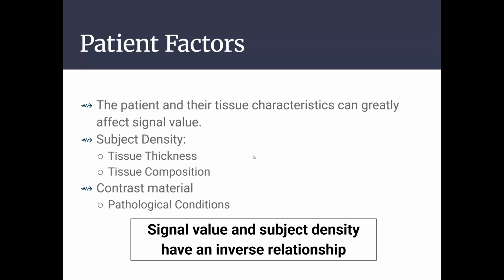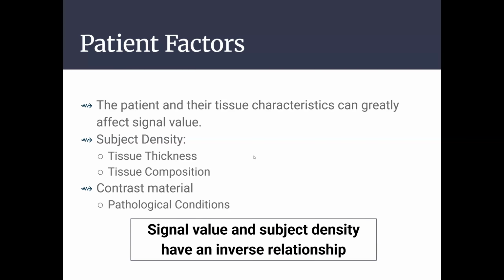The other thing that can happen is a contrast material difference having to do with pathologic conditions. So imagine having to take an image of a patient with a nice set of clear lungs. It's mostly made up of very light tissue density and air, versus a patient who has pneumonia and their lungs are full of fluid. It's going to be a very different composition. So pathology can change your patient factors. So the patient's factors can also affect the image.